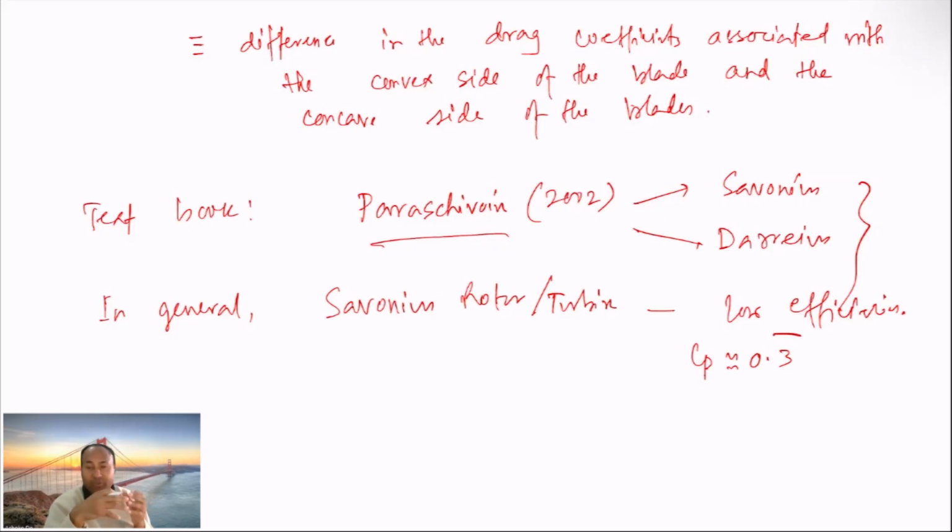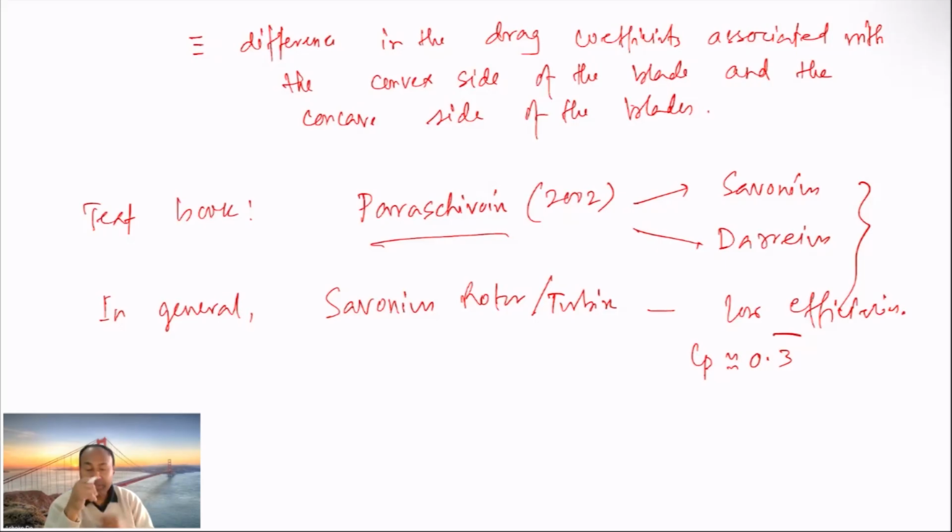There could be other issues associated with the Savonius kind of rotor or turbine. Darrieus has some kind of starting torque issues, whereas Savonius doesn't have that, but Savonius power output is low, whereas in the Darrieus type power is high.